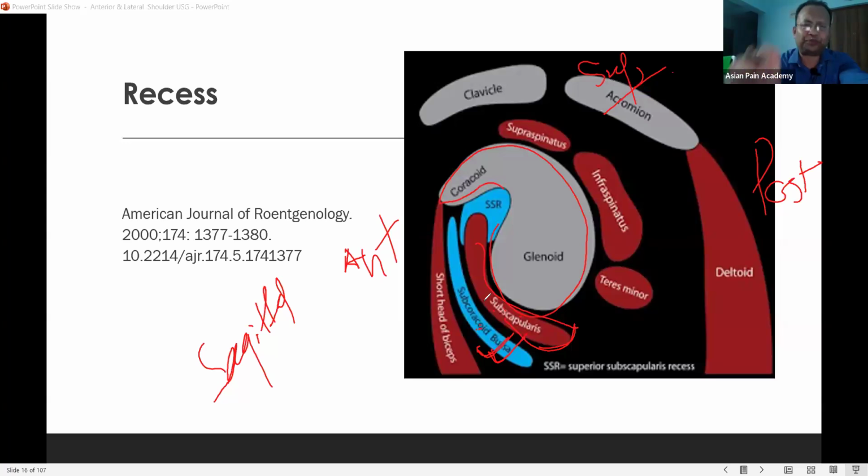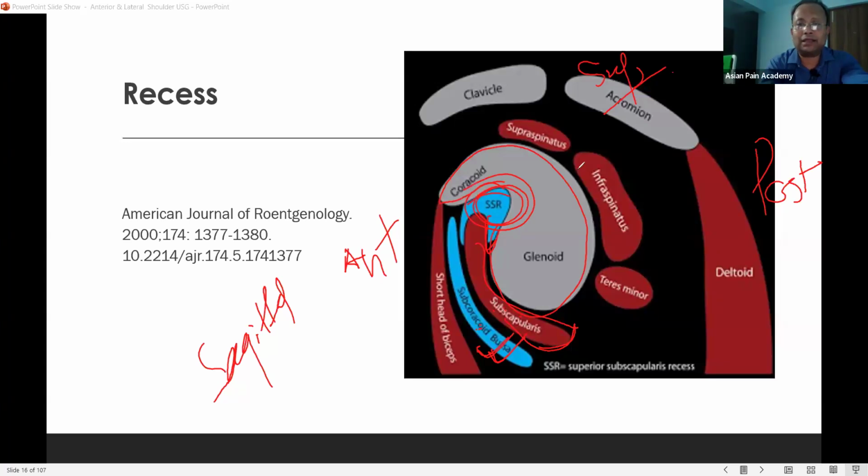Now sometimes we can see fluid accumulating below subscapularis. So what is that? That is nothing but the recess of the glenohumeral joint. In some books it is also said that this is also a bursa, but this is actually a subscapular recess.